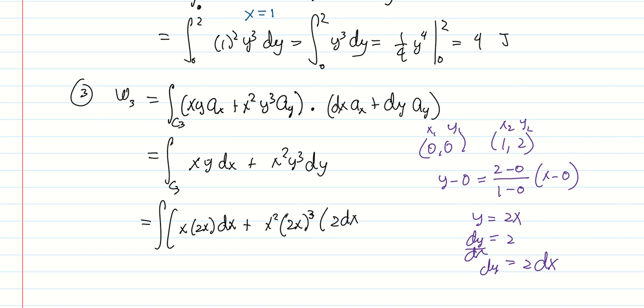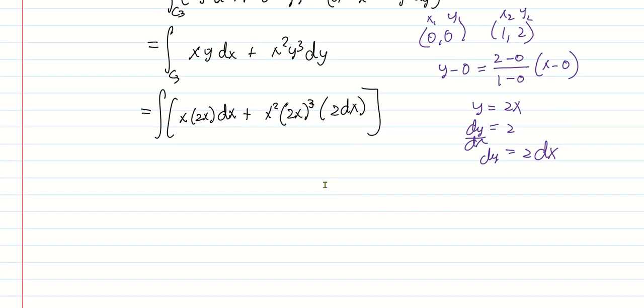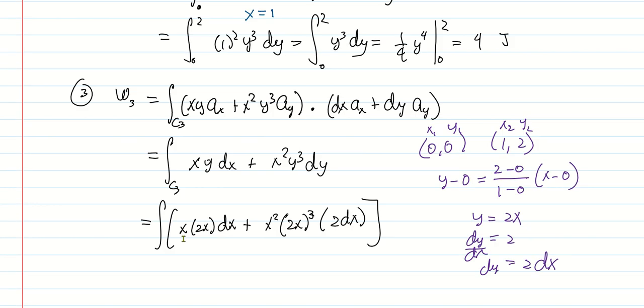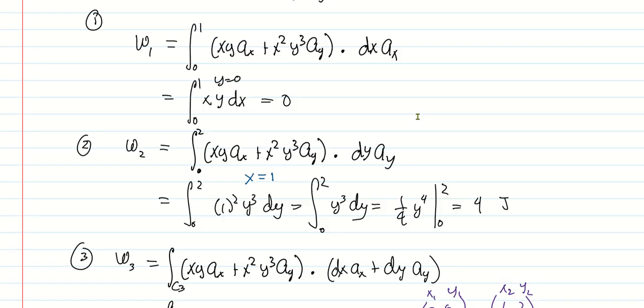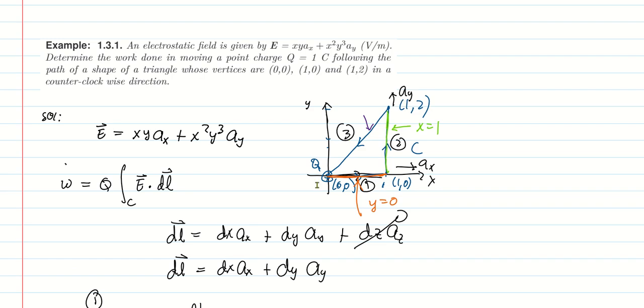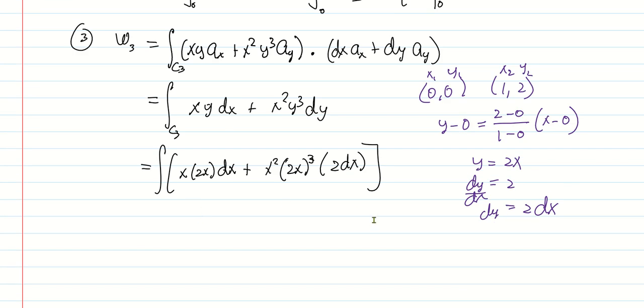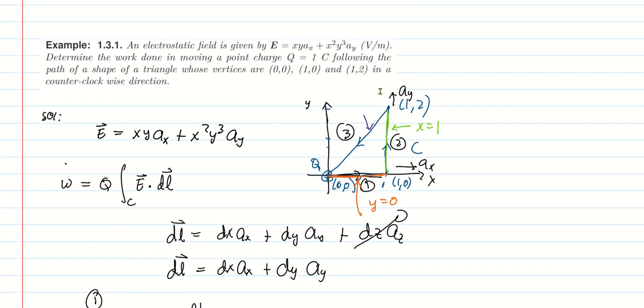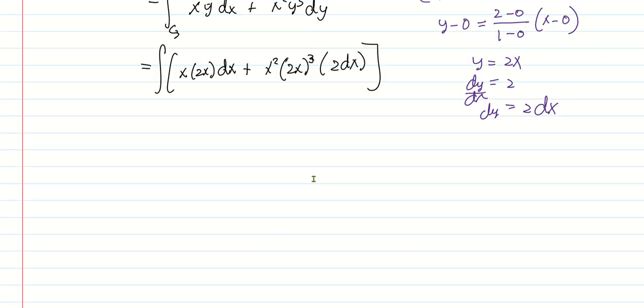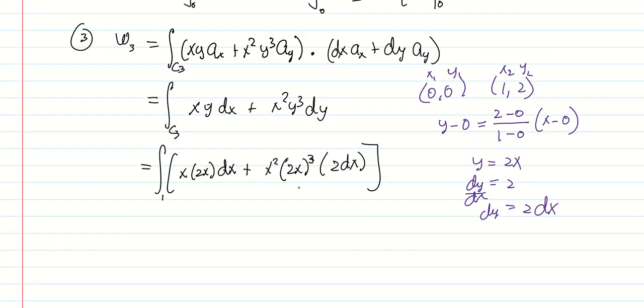If you look at our equation now, we don't see y, we don't see dy. Then we can factor out that dx, and our limit now will be in the x coordinate, because we take the differential with respect to x. So our x will start here, where x is 1, and we will go to 0. So this will be from 1 to 0.